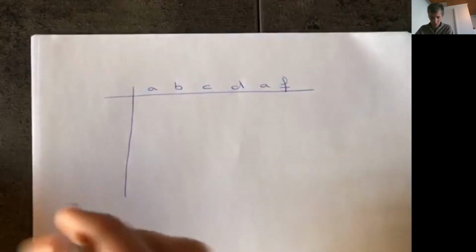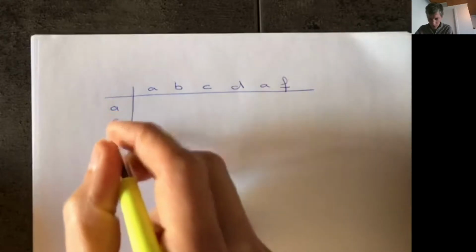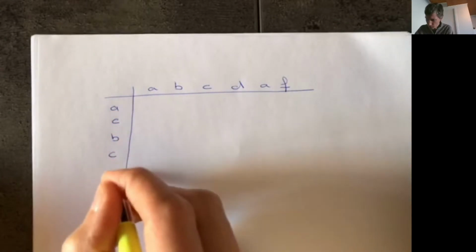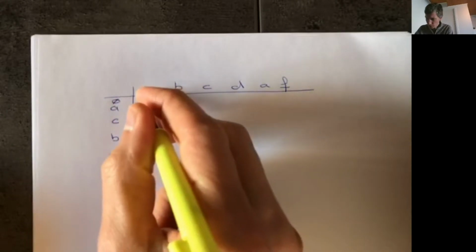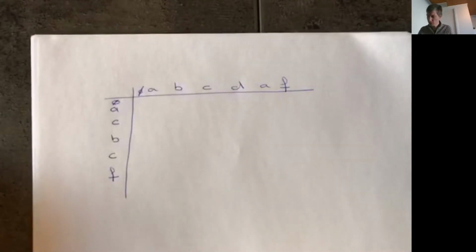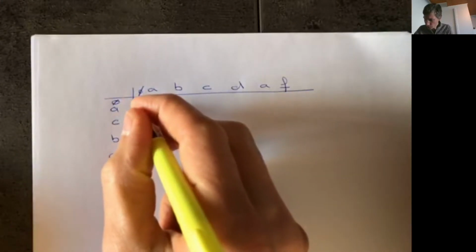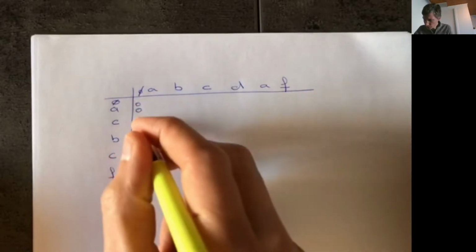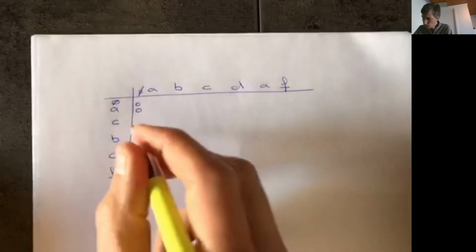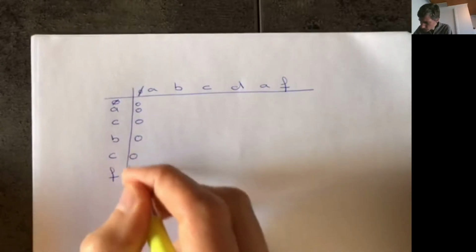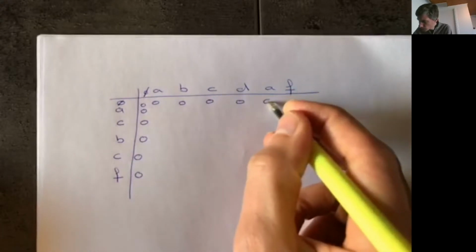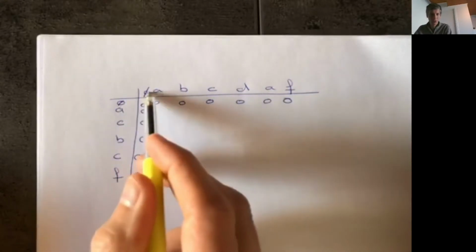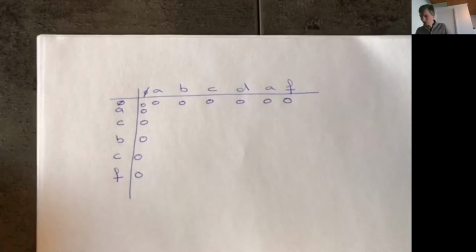Then in the rows, I have the letters of the second word, A, C, B, C, F. I also have the empty string here. These are the base cases. So I already know that for the empty string, these all will be equal to 0. This one 0, this one 0, and here I have zeros. These are a bit close together, but I hope I'll manage.